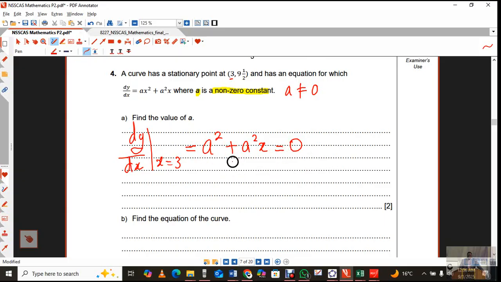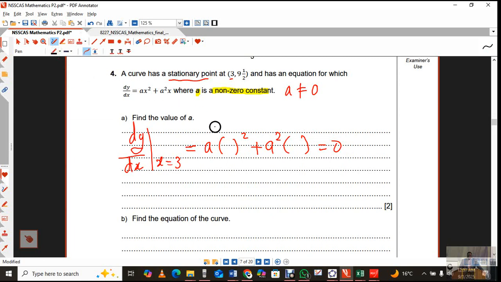Okay, but now I will substitute my 3 for the place where I've got the x. Did I write it correctly? I did not write it correctly, so let's make sure we write it correctly from the way it is. So when x is equal to 3, that is ax squared plus a squared x. Of course dy/dx is going to equal 0 because it's a stationary point.